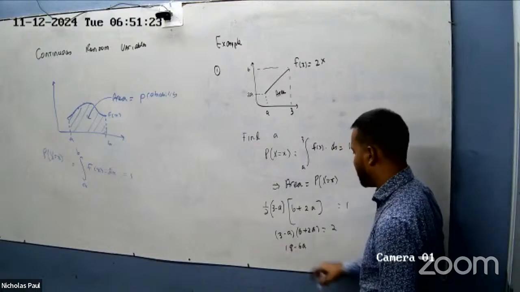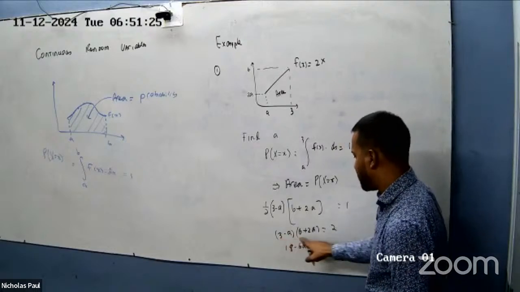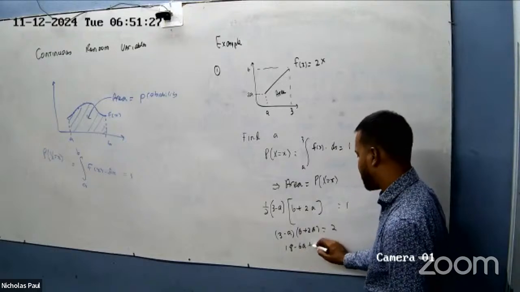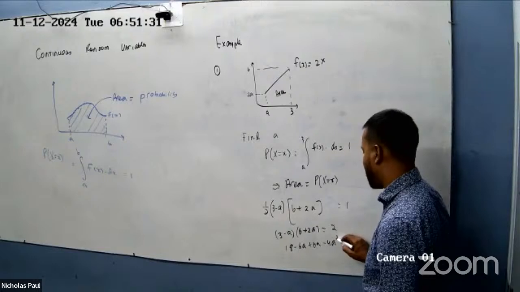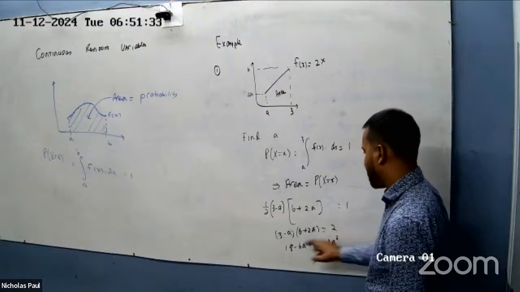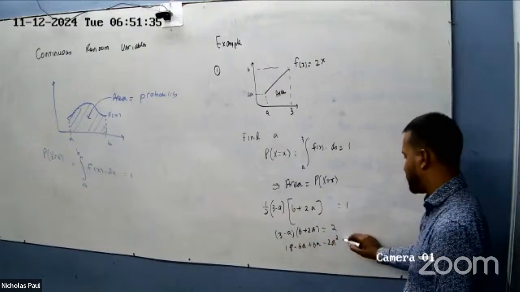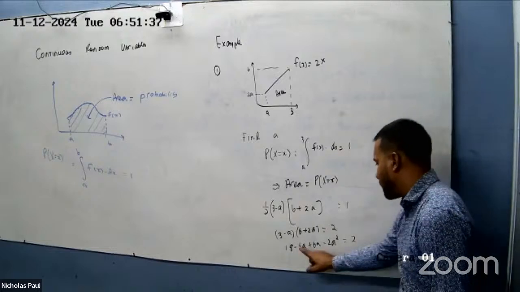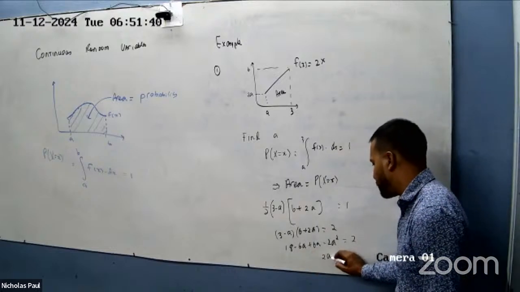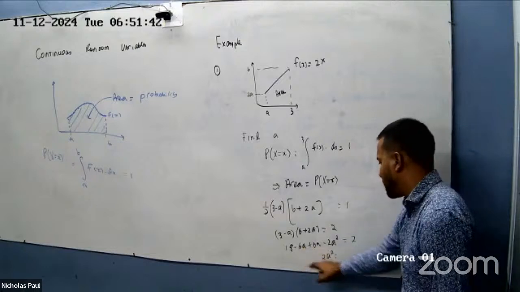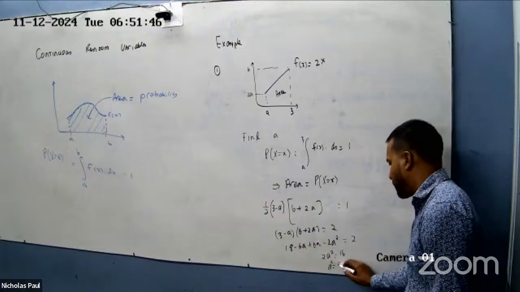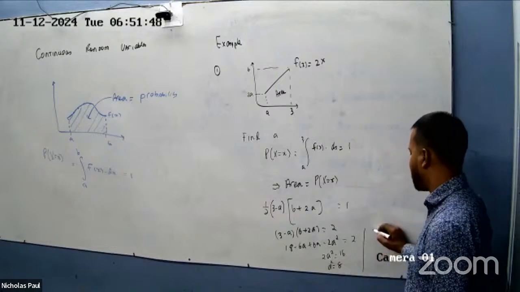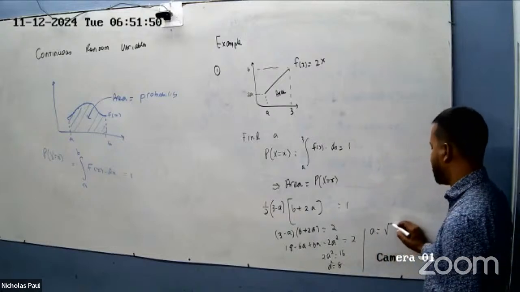Right, good. 3 by 3 is 9, 3 by 2A is 6A, minus A by 6 is minus 6A, minus A by 2A is minus 2A squared, is 2. This will cancel and you'll get 2A squared is equal to 16. A squared is equal to 8, so A is the square root of 8.